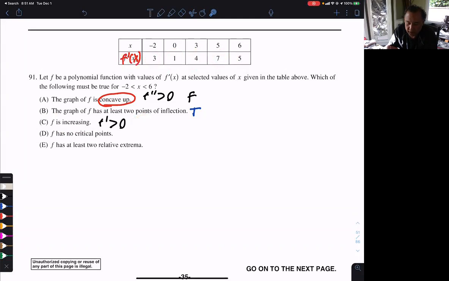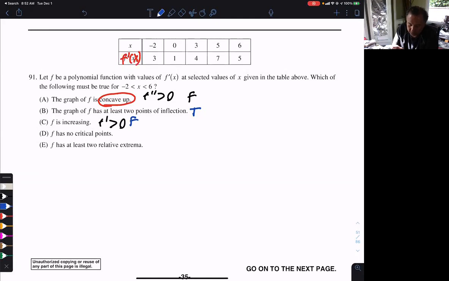Remember what I told you earlier. You do not know what's happening between these points. It could go from positive 3 down to negative and back up to 1. It could have been negative between those. You can't assume that. They're just giving you the values at specific points. They're not telling you what's happening between those points. So it might be true, but it doesn't have to be true. That's false.